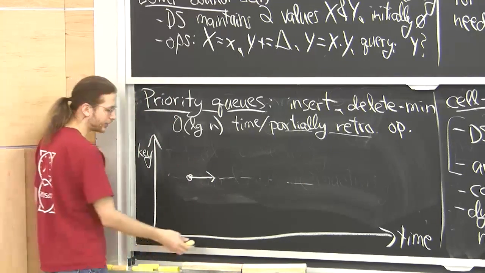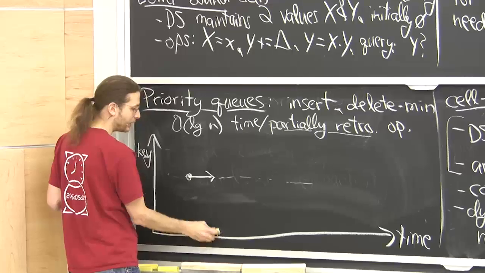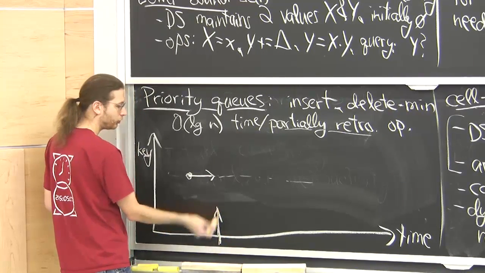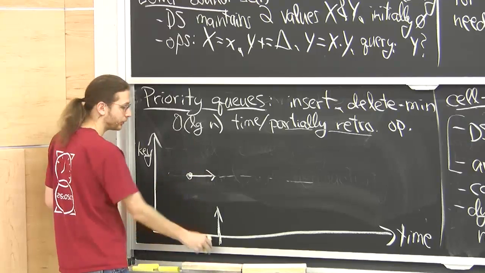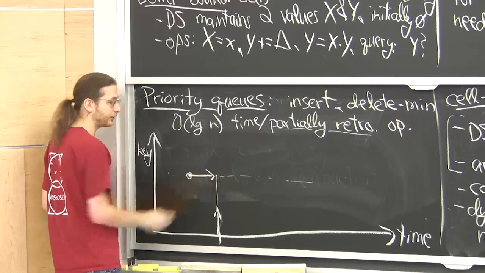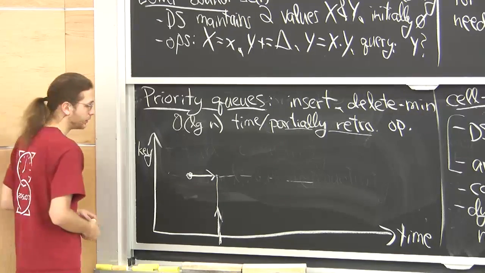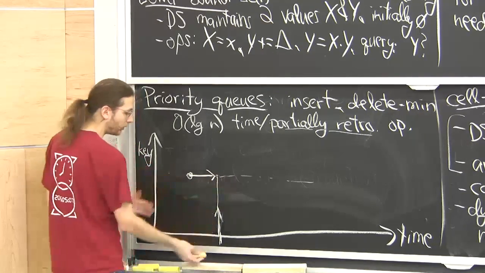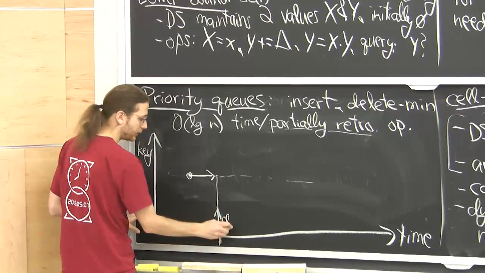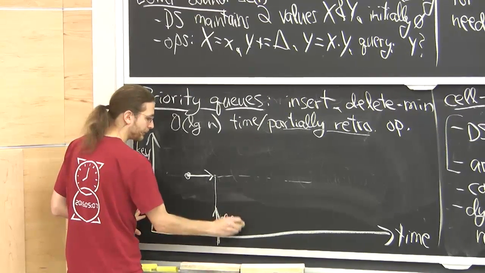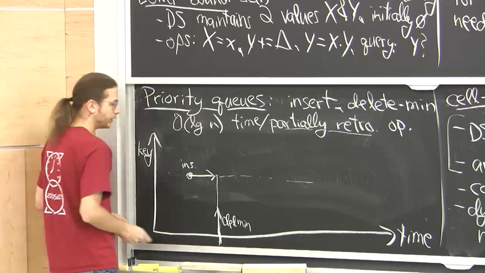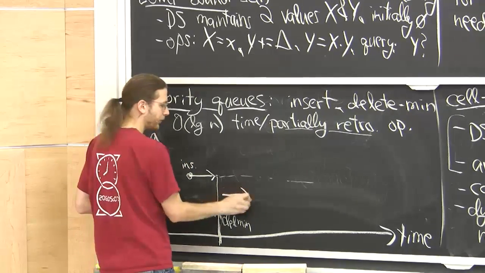The problem would be if someone comes along and does a delete min. A delete min is going to be a ray shooting up from infinity because you always want to delete the smallest possible thing. So whatever this ray hits first, that is the thing that gets deleted. Okay, so I want to draw all the rays for the delete mins. So this is a delete min, and this is an insert. So I have rightward rays for insertions.